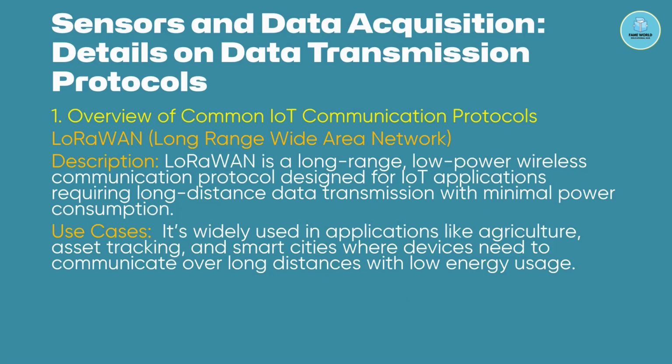It is a low power wireless communication protocol, especially designed for IoT applications requiring long distance data transmission with minimal power consumption. The use case could be that it is widely used in applications like agriculture, asset tracking, and smart cities, where devices need to communicate over long distances but low energy is used. So LoRaWAN is there.